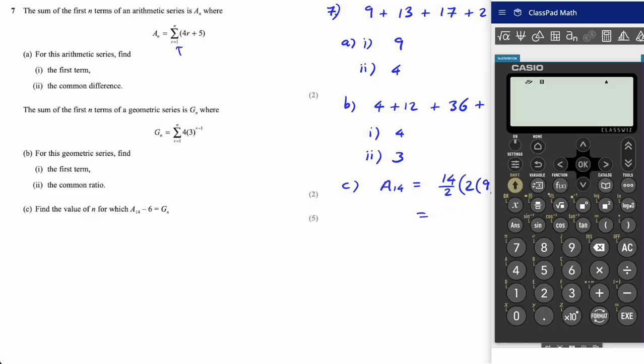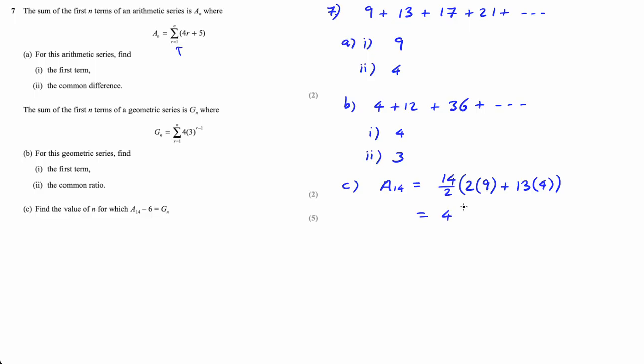Okay, this is 7 times 18 plus 13 times 4, close brackets, 490. So this is 490. Okay, so a14 minus 6 is this minus 6, which is 484.